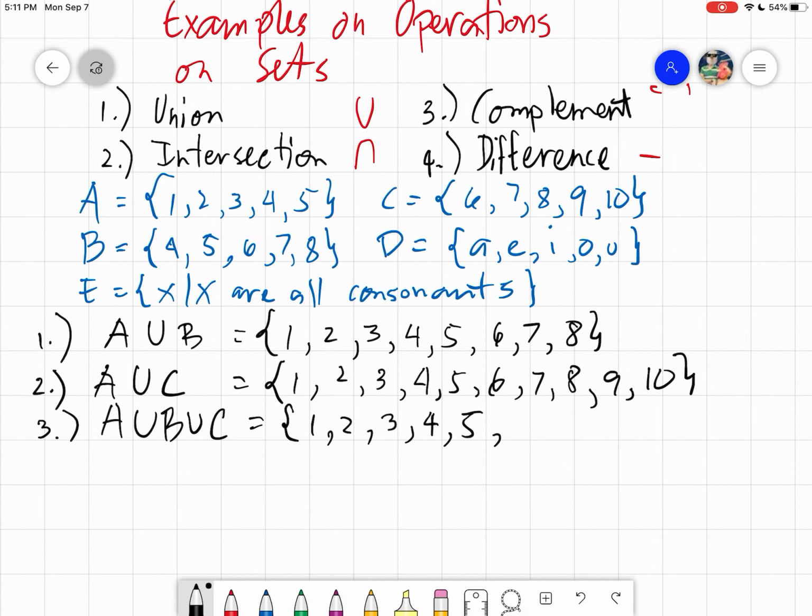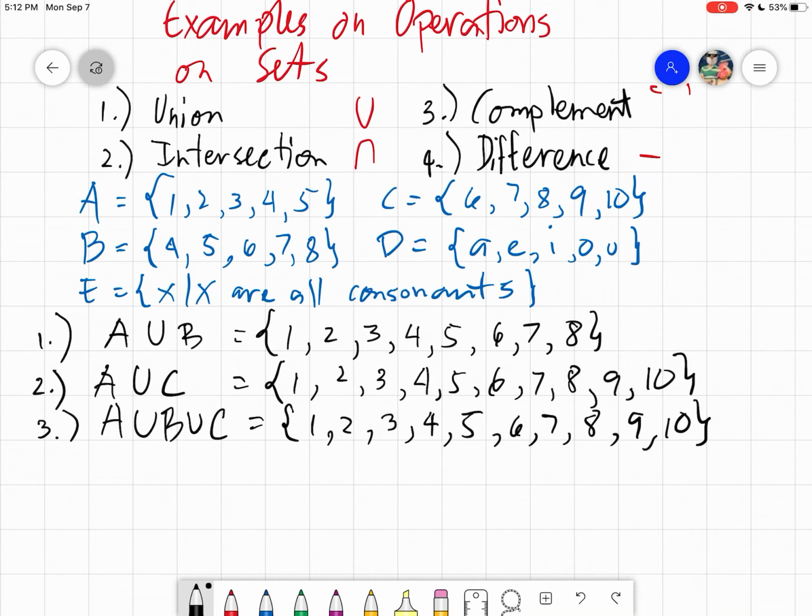Since the elements 4 and 5 of set B are already in A, we continue with 6, 7, and 8. Now for set C, we already have 6, 7, 8, which is also in B, so we continue writing 9 and 10. So we can see that A union C is actually also equal to A union B union C. But again, that is only for this example. It's not always true for the union of sets A, B, and C.